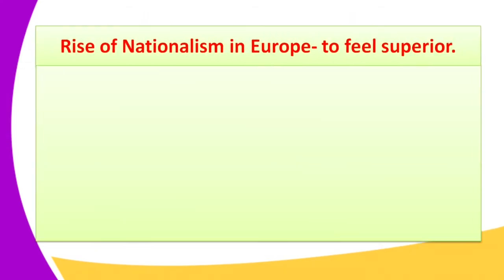Another one is the rise of nationalism in Europe. And nationalism is that process whereby a country tries to extend its colonies, or rather to extend its mandate. So in Europe, there was a rise of nationalism.